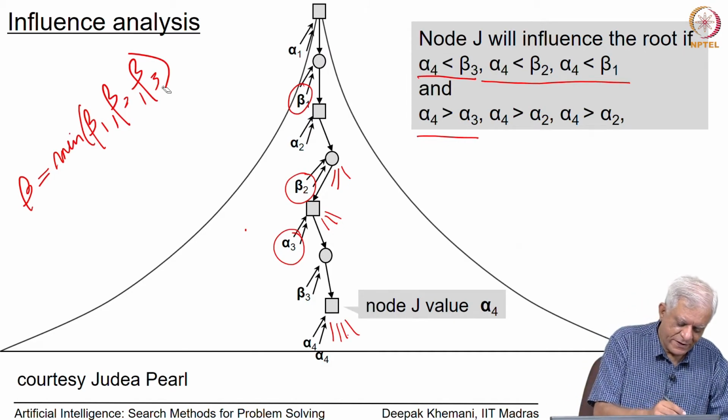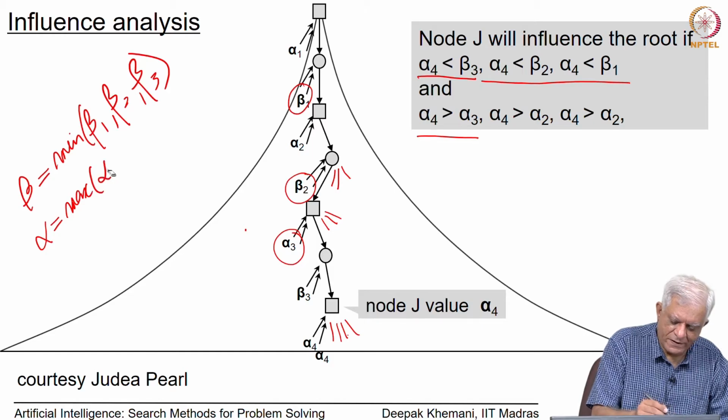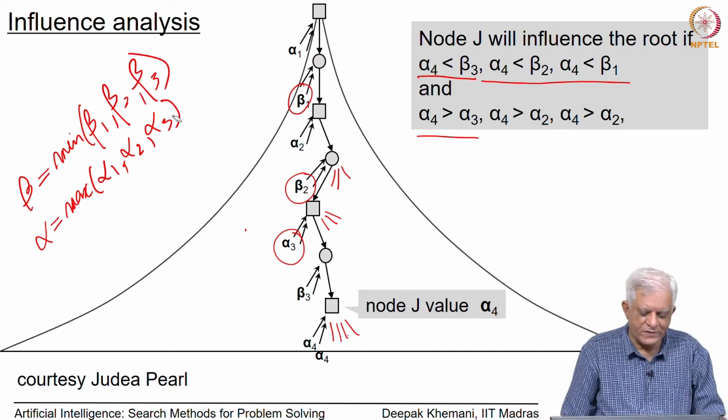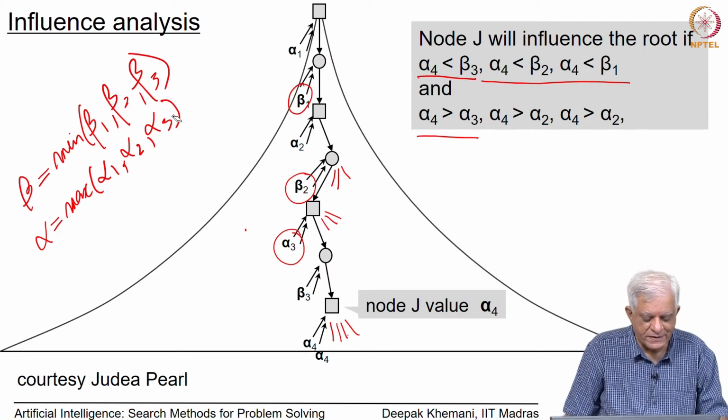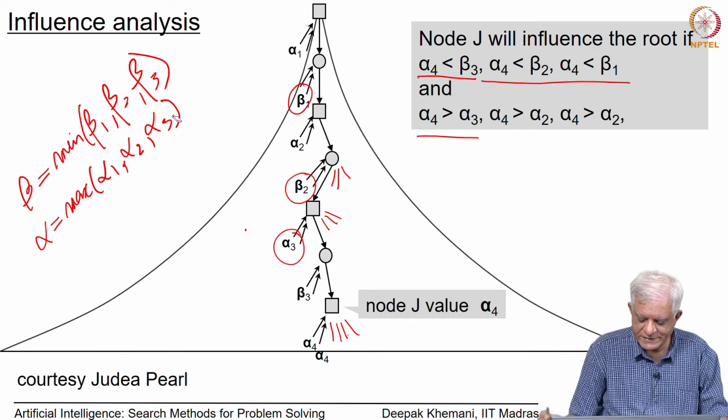Likewise, we can propagate a value alpha which is the max of alpha 1, all the ancestors essentially, and only if the value is higher than this alpha, we should continue to explore this node j.